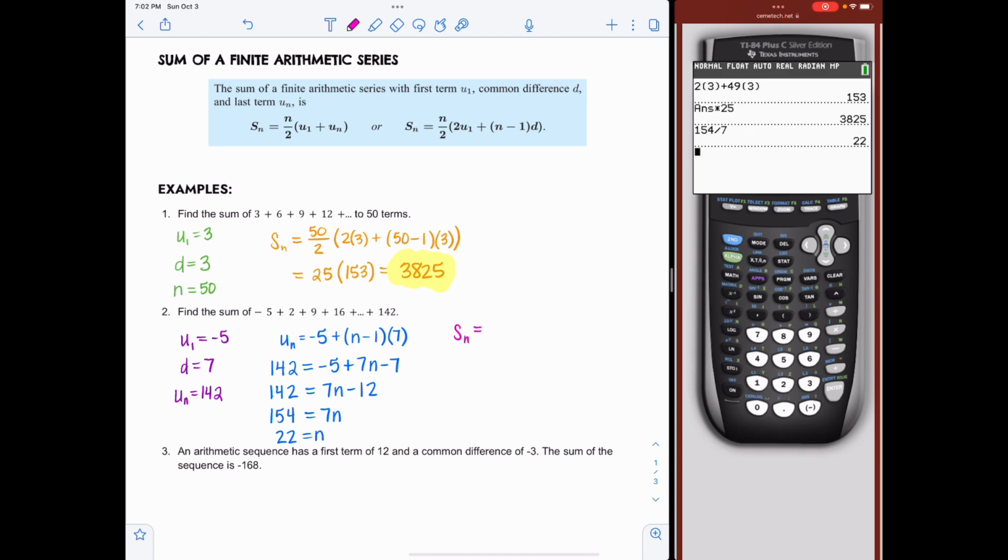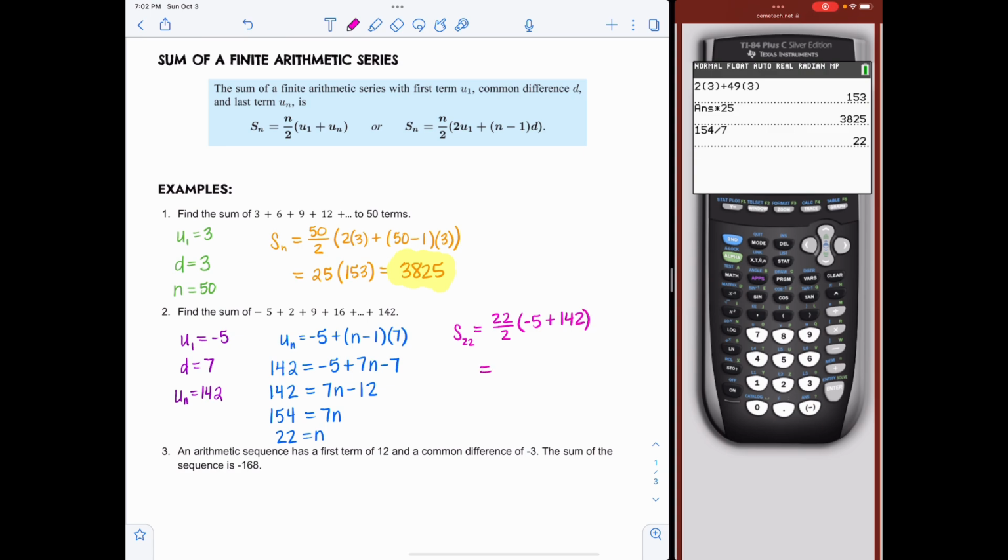So S of n is equal to, and actually we're going to say S of 22, that is going to be equal to 22 divided by 2 times U of 1, which is -5, plus U of 22, which is 142, because that's our U of n that we used.